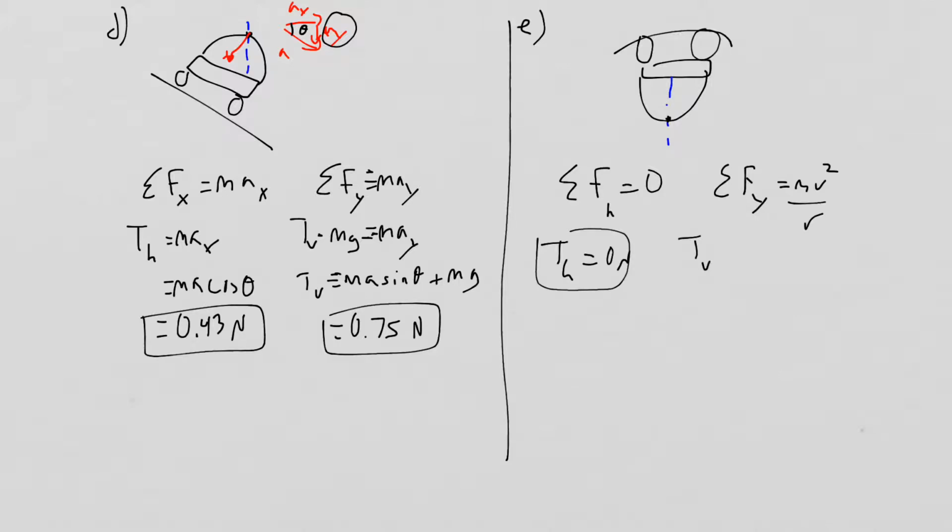The vertical is going to be solved like this. In this case, both mg and mv squared over r point towards the center of the circle, so these are the correct signs. And so this is going to be 1.5 newtons.